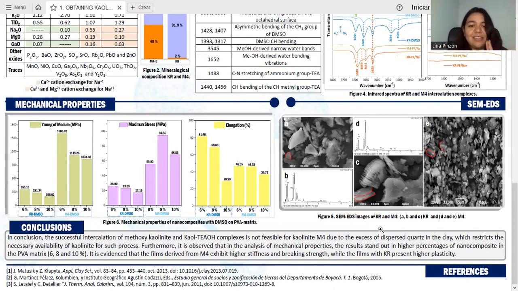In addition, in the analysis of mechanical properties, results stand out at the higher percentages of nanocomposites in the PVA matrix, 6, 8, and 10%. It is evident that the films derived from M4 exhibit higher stiffness and resistance to rupture, while the films with Kr show higher plasticity. Thank you so much.